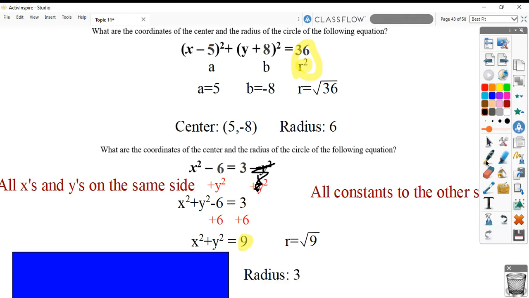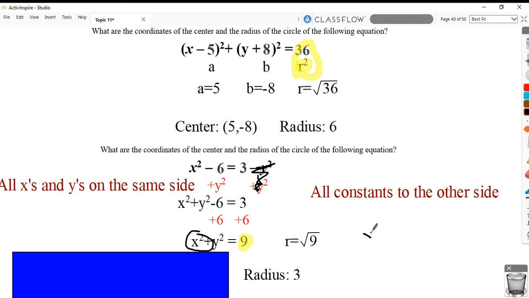Our last part, though, I want you to look at this. If I take this x squared and change it into x minus 0 squared, does that change anything? The answer is no. Subtracting 0 doesn't do anything. In the same way, if I took this y squared and turned it into y minus 0 squared, does that change anything about it? The answer is no, of course it doesn't. We just don't have to write anything down.